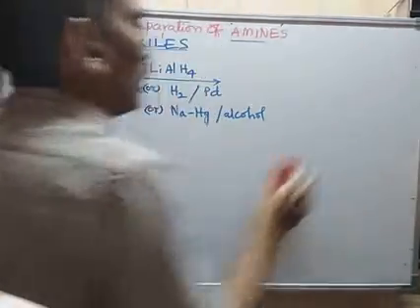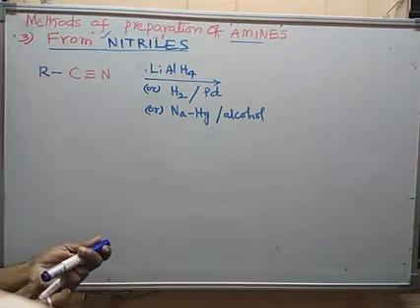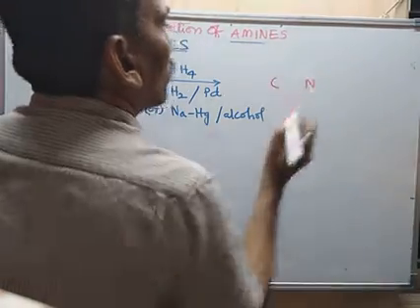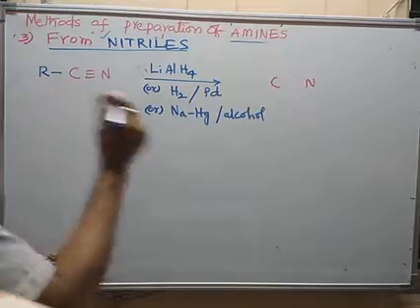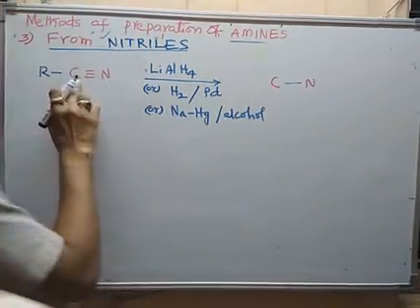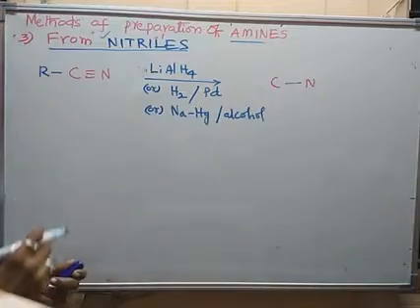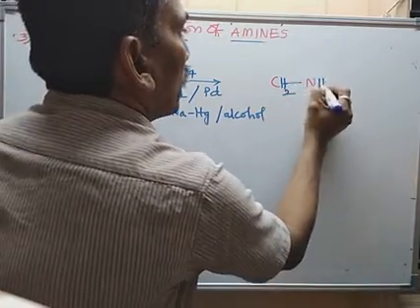Then CN, with the triple bond previously, now becomes a single bond, and two hydrogens are provided by one of these reducing agents, and you will get a primary amine.